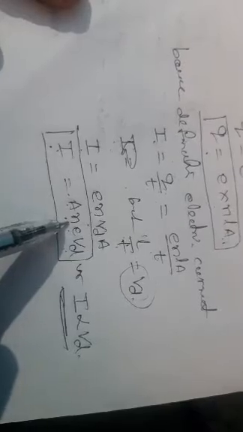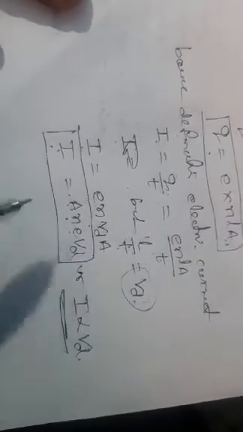The current is directly proportional to Vd. Here I is the electric current, A is the area of the conductor, N is the density of electrons, E is the charge of the electron, and Vd is the drift velocity. That is the relation between electric current and drift velocity.